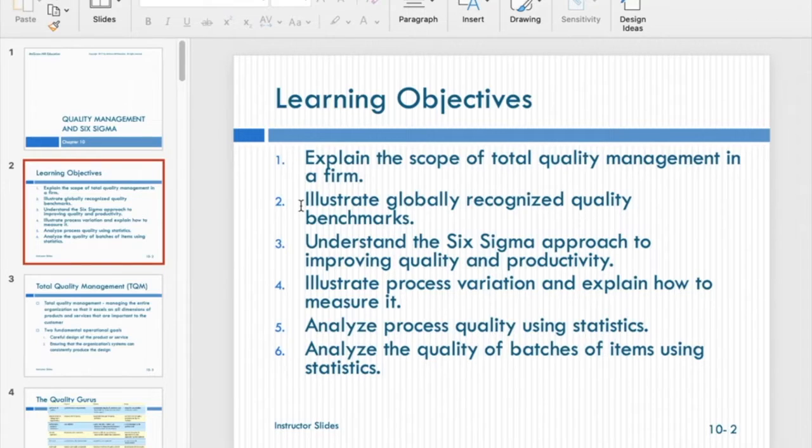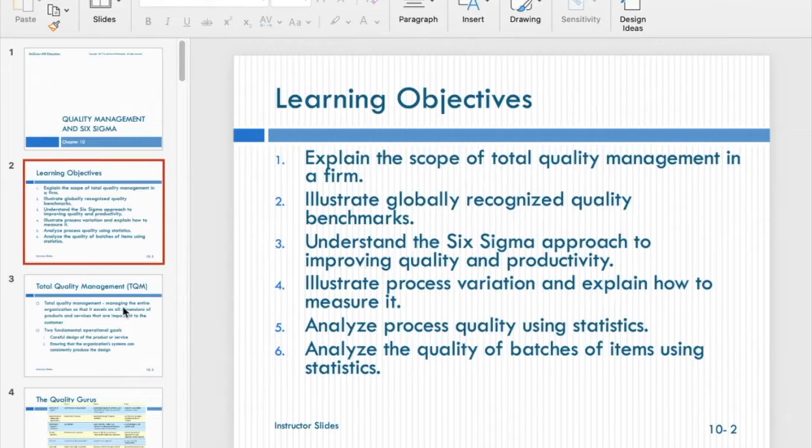If the variation of the production process is smaller, of course the quality of the product probably will be better, because it's closer to what you want. So we use statistical tools to help improve quality management, based on the Six Sigma approach. We will talk about all these different objectives in detail, probably in the next video.